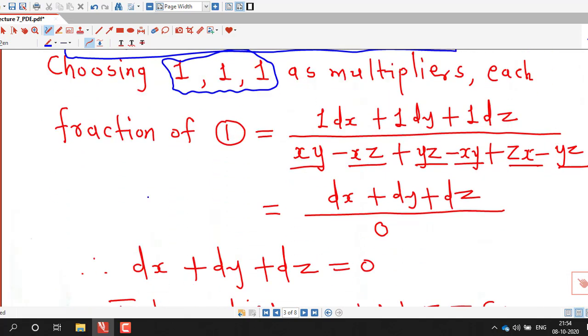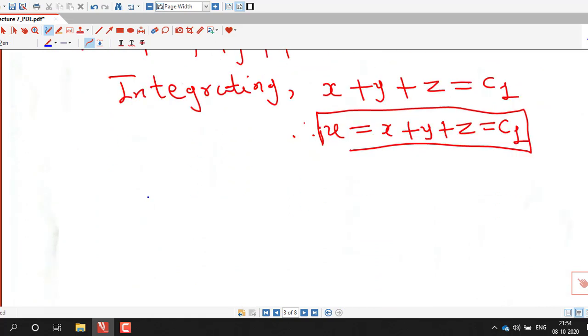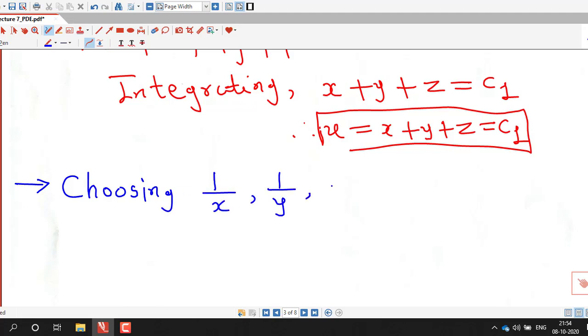So here another set of multipliers is 1 by x, 1 by y and 1 by z. So we write choosing 1 by x, 1 by y, 1 by z as multipliers.